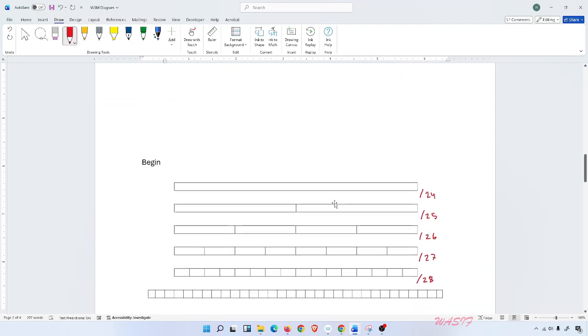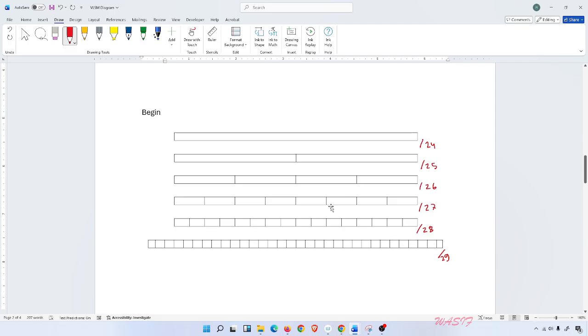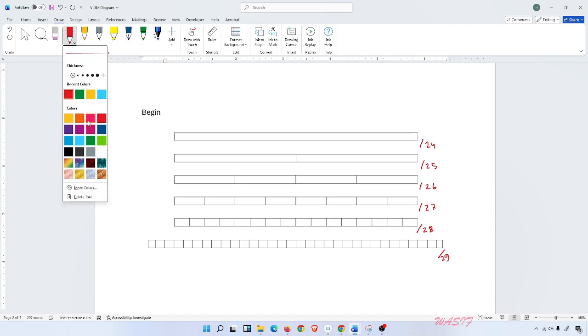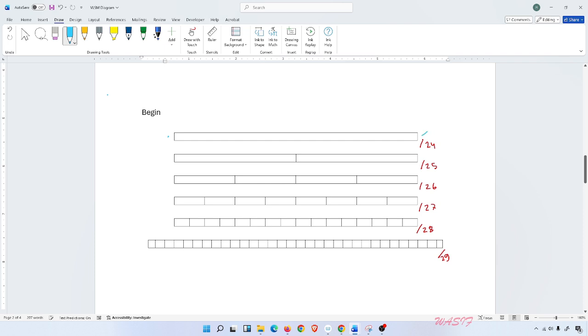Now, let's begin with this one. If you look at here very carefully, let's say this is /24. If you want to divide this into half, you do /25, then you get 2. So this is /25, this is also /25.